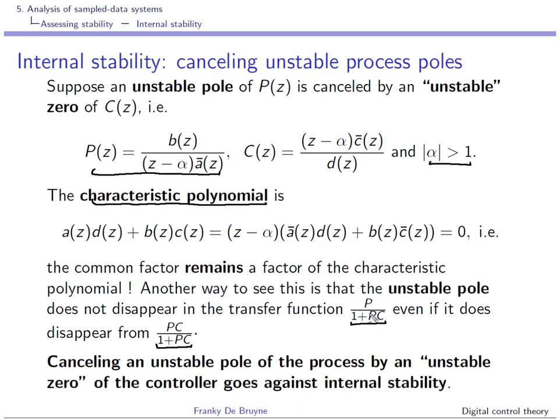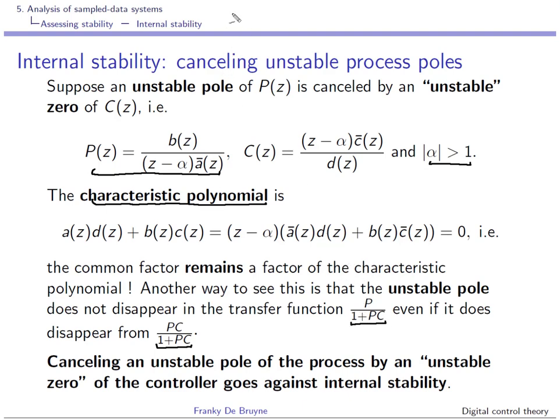So there will be a cancellation here in the denominator, but there is nothing to cancel over here. So if we write this transfer function P over 1 plus PC, and by the way, that's the transfer function that links DL to the output PV, we will see this immediately.